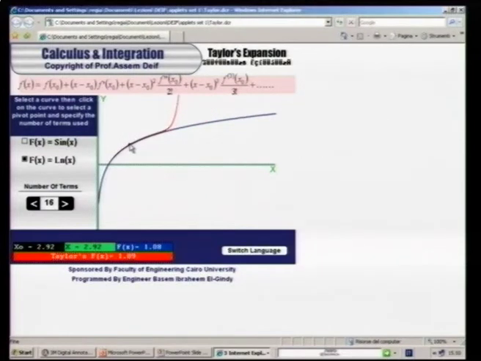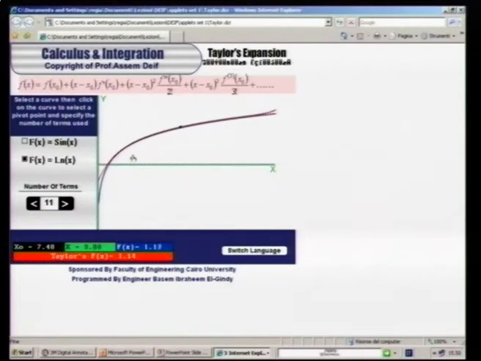Now, suppose you take this point here, and this is your first approximation, and then you increase your number of terms. So when you increase your number of terms, you are in fact approximating the logarithm through a polynomial. So here it is. You do the approximation until they fit together.